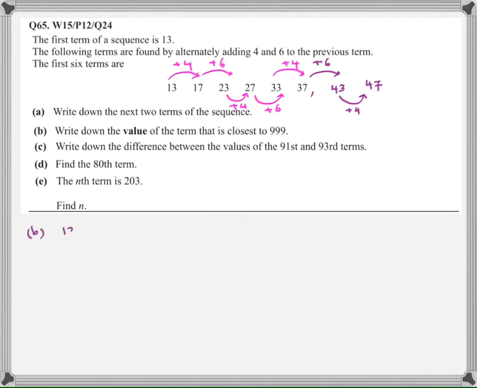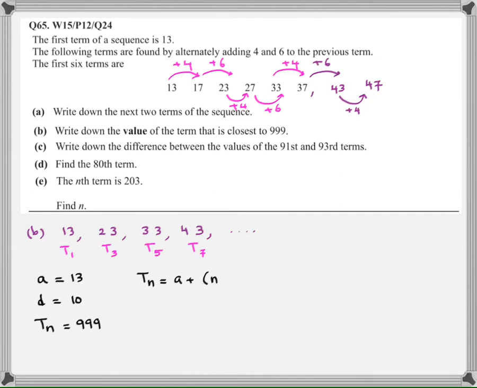So I've written all these terms down. Now, if I look closely, look at the first, third, fifth, seventh term. Yes, they are forming an AP. So now, closest to 999. So first term is 13. Common difference is positive because the second term is bigger than the first. That's 10.